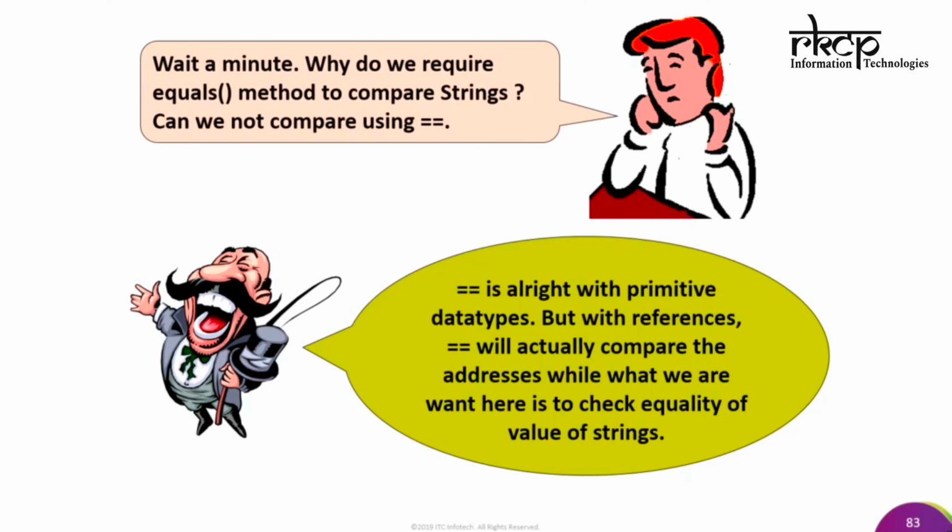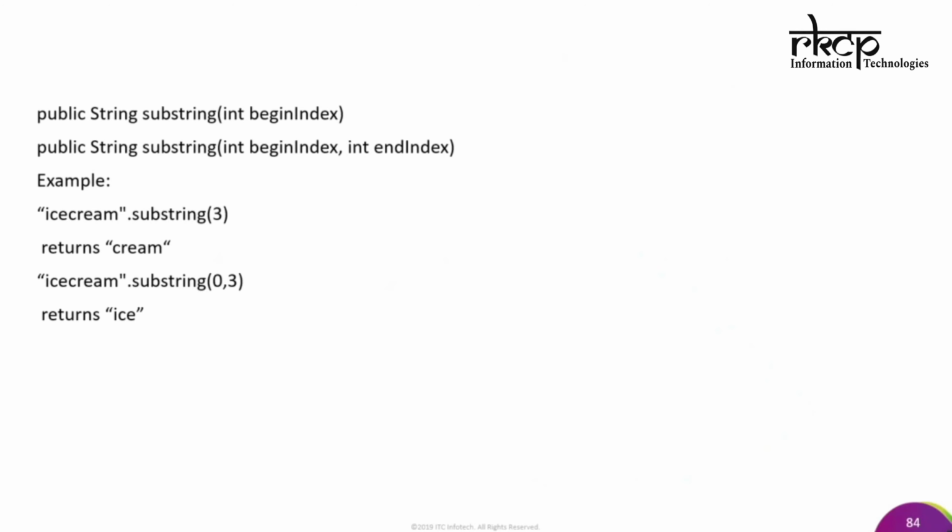With references, double equal to actually compares the addresses, while what we want here is to check equality of the value of a string. So with double equal to, you will not be able to compare the value; however, with equals, you can compare the object.